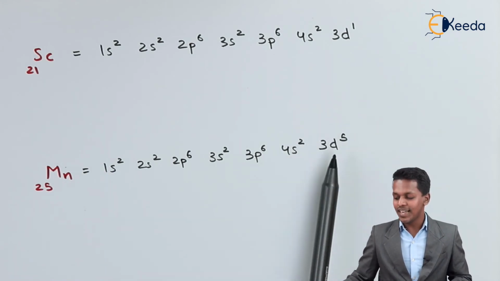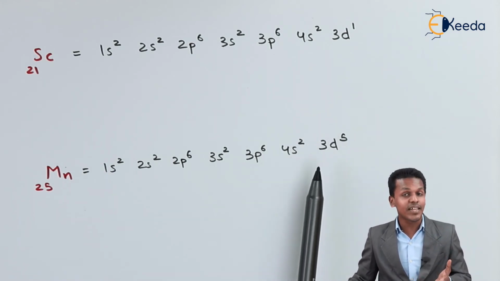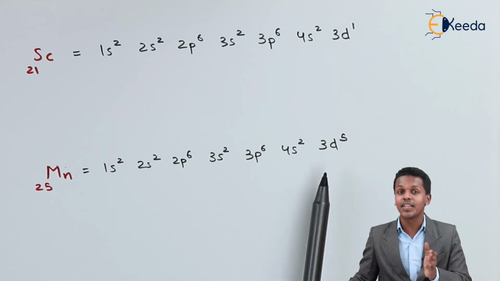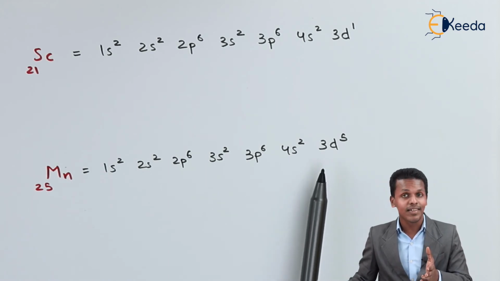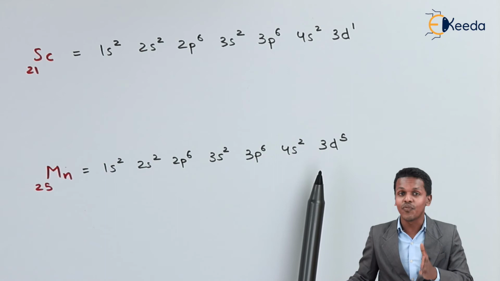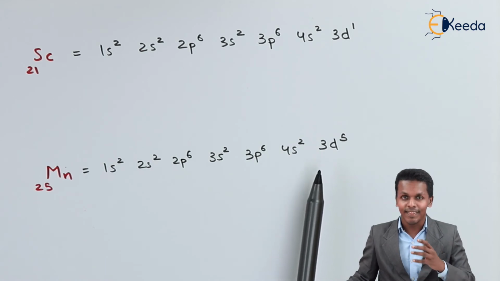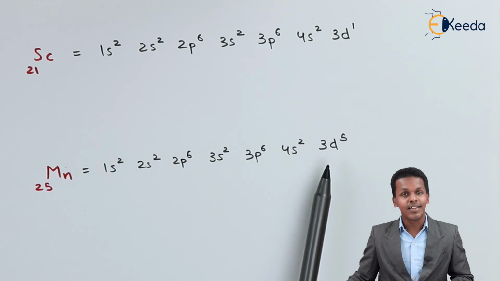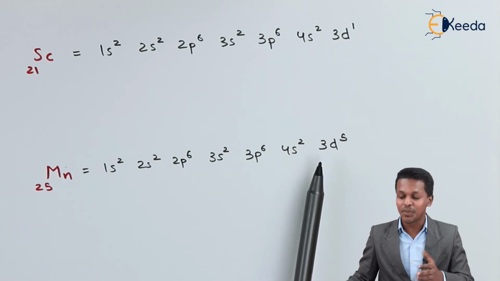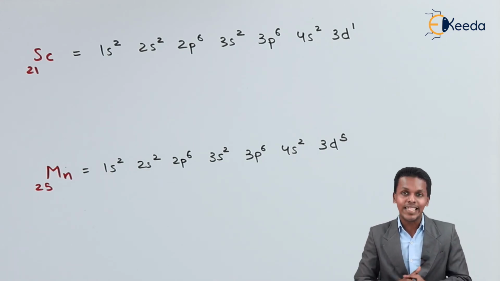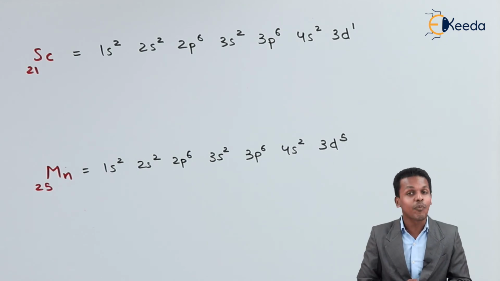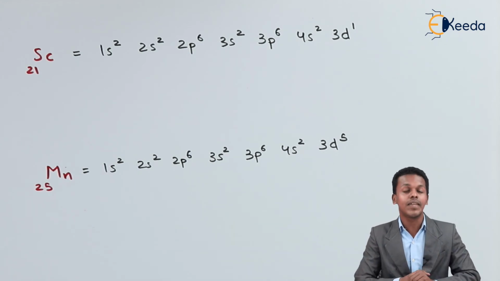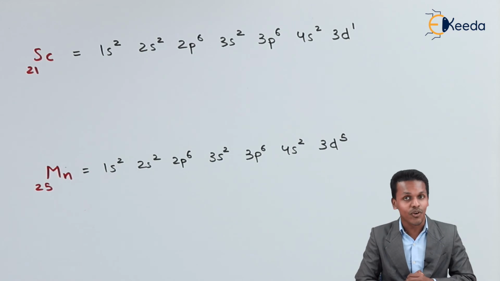As you can see, the d orbital consists of 5 electrons, arranged in such a manner that each orbital consists of 1 electron. This is nothing but Hund's rule of multiplicity, which means this configuration is very stable. So based on all the factors we discussed in our previous lecture, this is how we talk about electronic configuration.